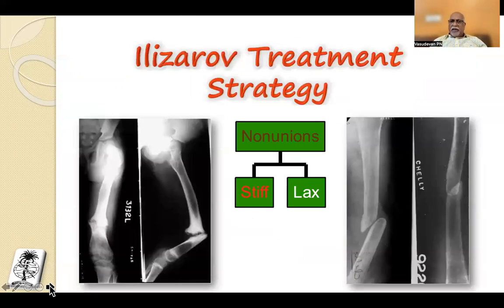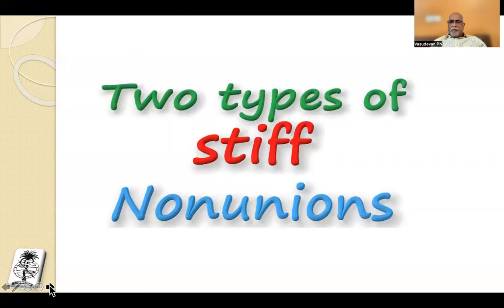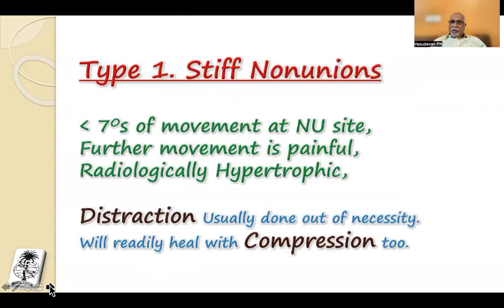So, as I told earlier, in the Ilizarov treatment strategy, we have two types of non-unions, stiff and lax, in a broad classification. So we have two different types of stiff non-unions. Type 1 stiff non-unions have very minimal movement, less than 7 degrees at the non-union site, and further movement is painful.